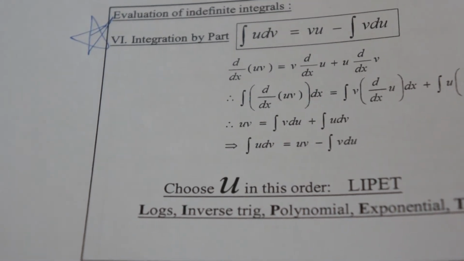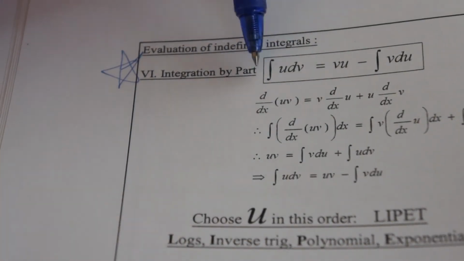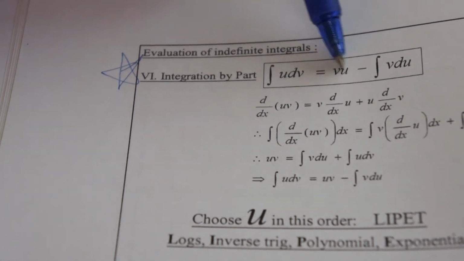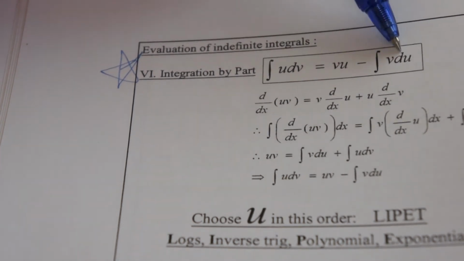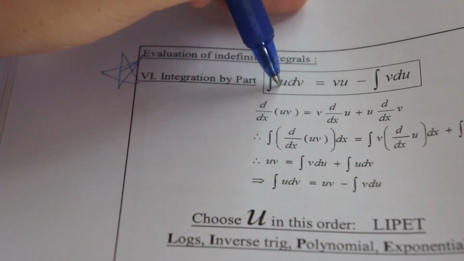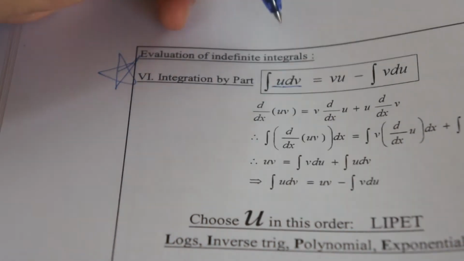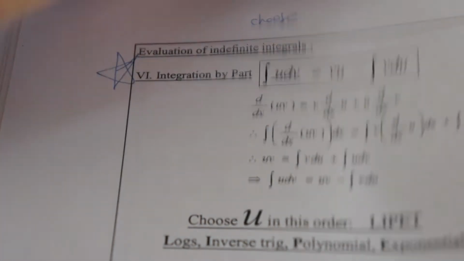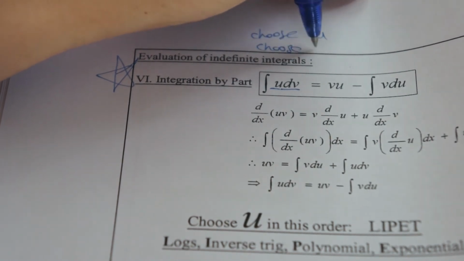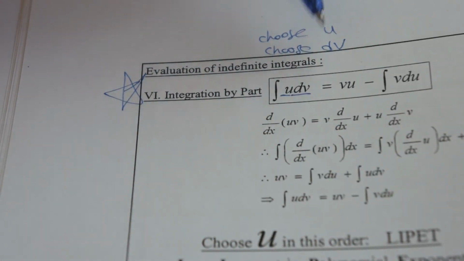What you have is an equation of integrations: the integral of u times dv equals uv minus the integral of v times du. What this means is that we have two functions, and we have to choose one of the functions to be u, and the other function to be dv. So choosing u, and choosing dv.